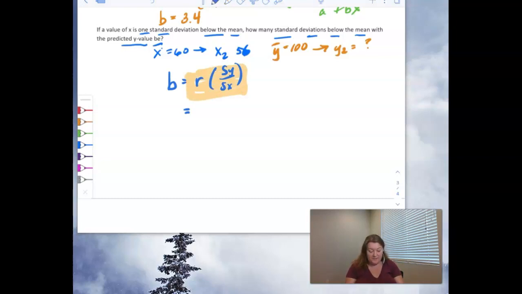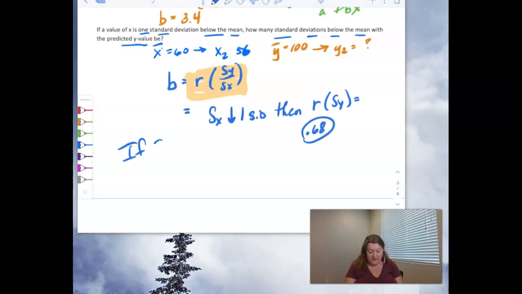So if standard deviation of x goes down by 1 standard deviation, then the top part, r times s sub y, would also go down by 1 standard deviation. If we're just talking in standard deviations, that would be 0.68.